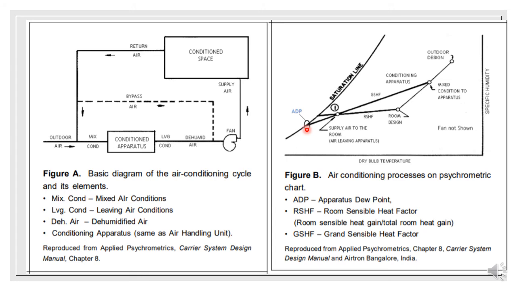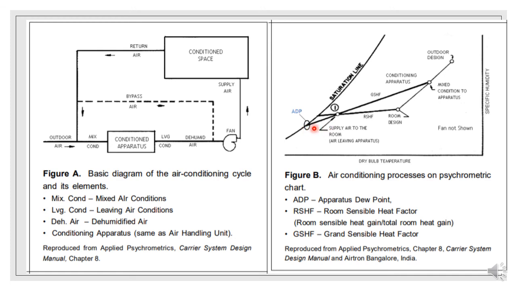This occurs in the air conditioning apparatus here in the cooling coil. The air leaving the cooling coil at a temperature close to the apparatus dew point temperature is then supplied to the room, from which it picks up the room heat gains.